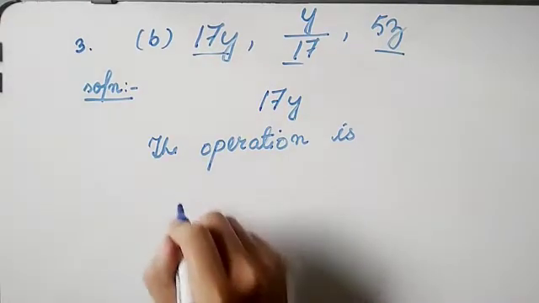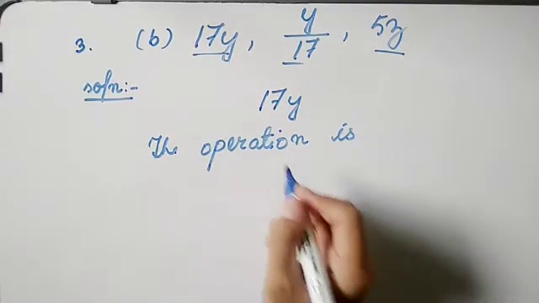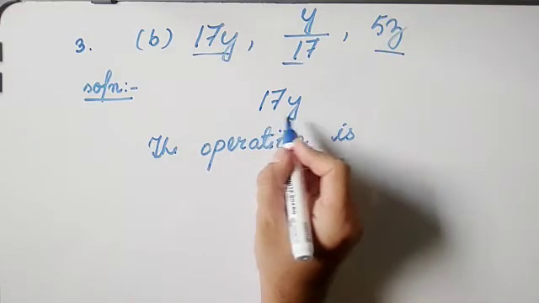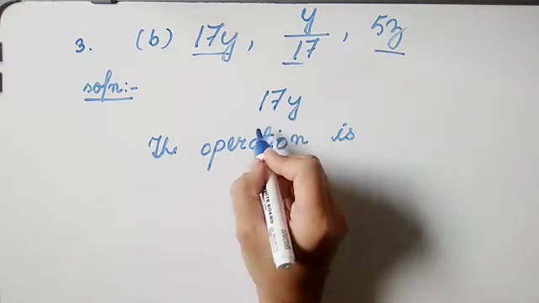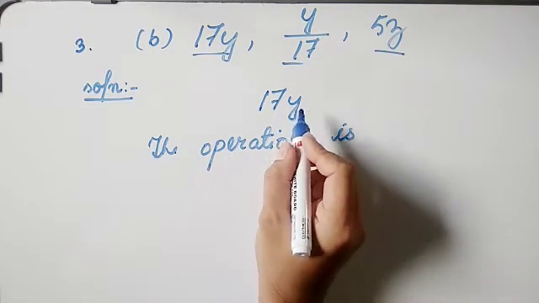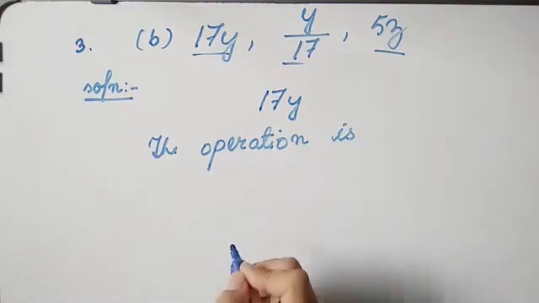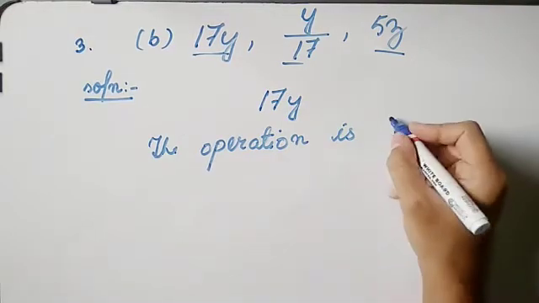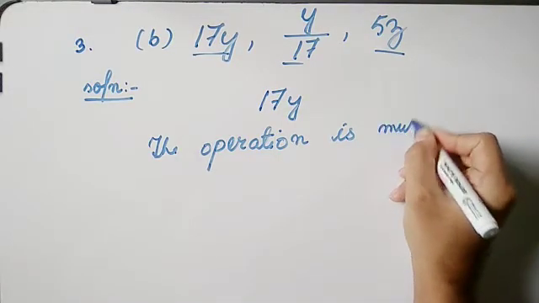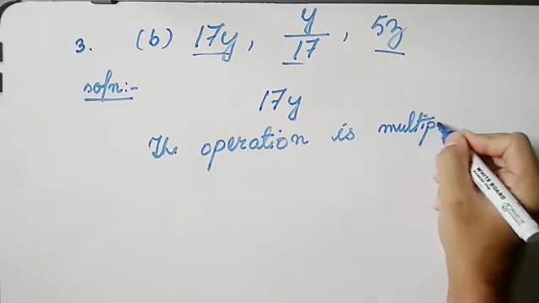So remember what I told you last time, when we do not see any operation between your variable and the number, we must know that there is multiplication. Understood? So the operation involved is multiplication.